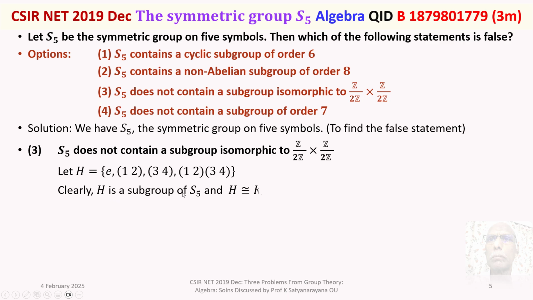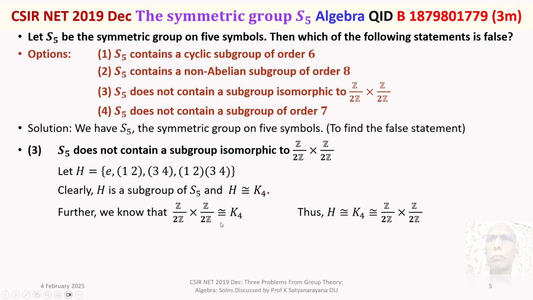Therefore, it's isomorphic to K4. Clearly, H is a subgroup of S5 and H is isomorphic to K4. And further, we know that Z/2Z × Z/2Z is also isomorphic to K4. It's a well-known result, and many times we might have worked out this one. Thus, H is a subgroup of S5, which I am showing. H is isomorphic to K4 and K4 is isomorphic to Z/2Z × Z/2Z.